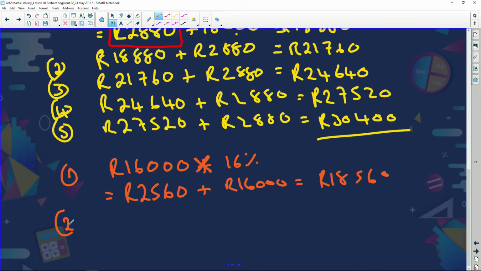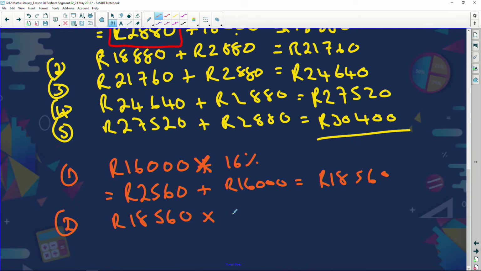Year 2 comes along and we've got the 18,560. Now we've got to find 16%, not of 16,000, but rather of 18,560. Why? Because we're dealing in compound interest, and with compound interest we're calculating the interest on the balance.